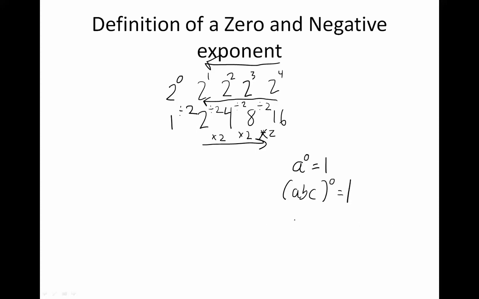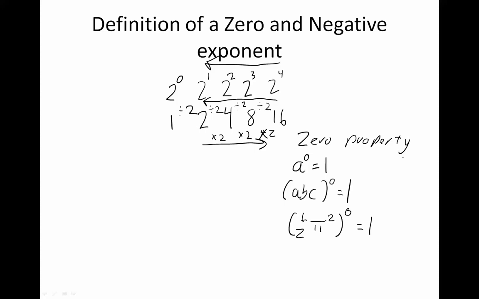Even if I have something ridiculous like 1/2 pi squared to the 0th power, that is 1. Because anything to the 0th power is always equal to 1. So there's my zero property.